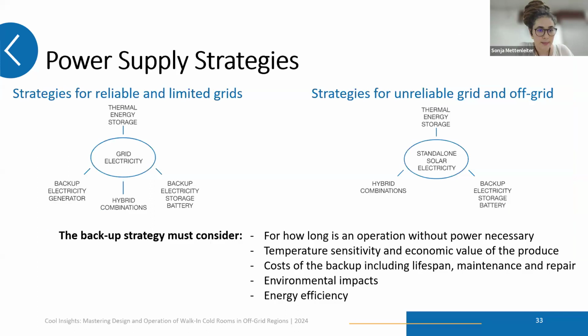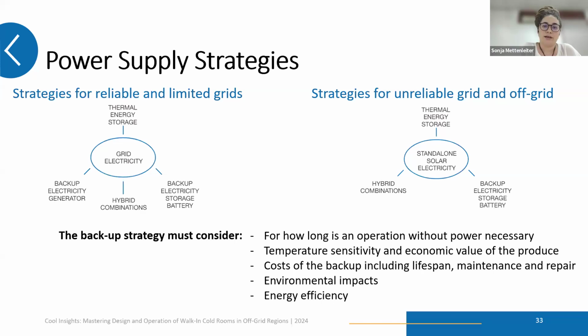Next slide, please. For those power supply types, there are different strategies. When we have a reliable grid or a limited grid, the primary power source can be the grid electricity, with different options as a backup: either thermal energy storage, or electrical storage in the form of batteries, or an electricity generator, a genset for example, or a hybrid combination of two or more of those options.